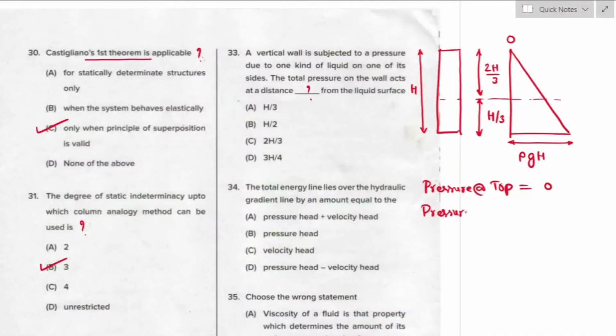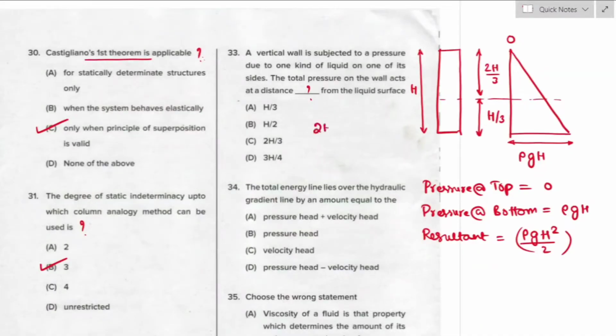Pressure at bottom will be rho g h. Resultant pressure will be rho g h square divided by 2. So the total pressure on the wall acts at a distance of 2h by 3 from the liquid surface. Option C is the right answer.